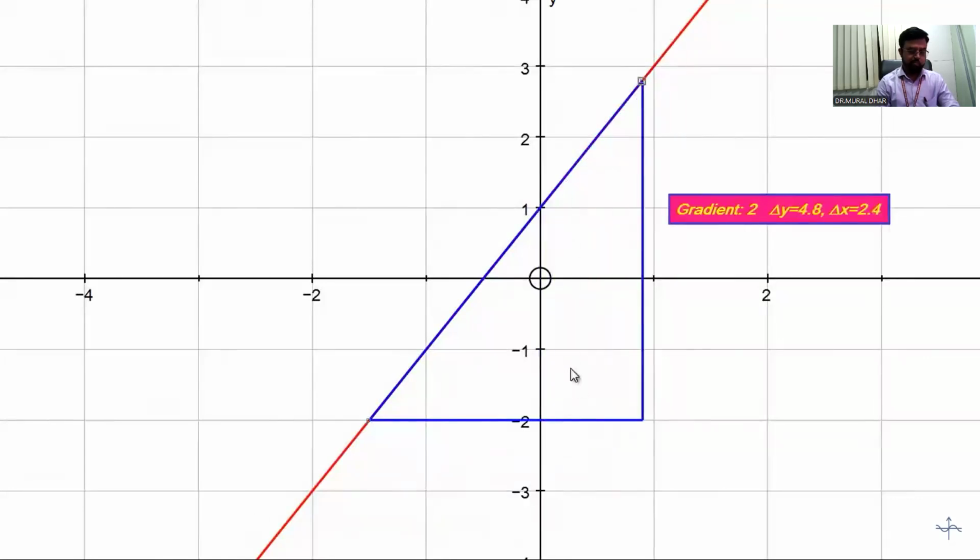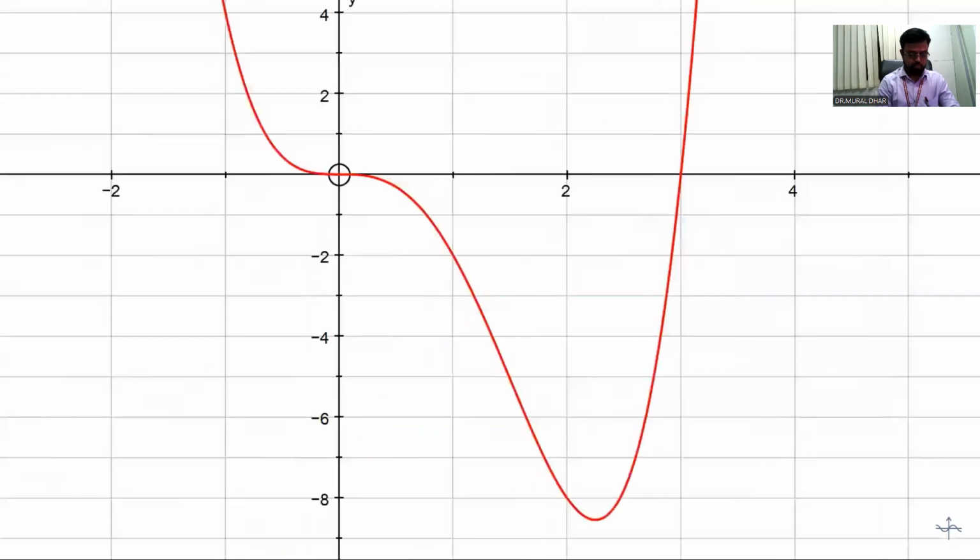It's a straight line. Any point on that line has gradient 2. That's not true for all types of curves. So for example, if I look at this curve here, it's much more complicated. I couldn't just say that the gradient of this curve is a particular number because it's not a straight line.